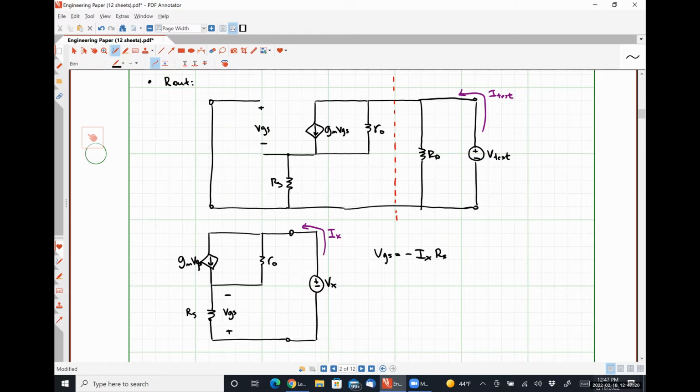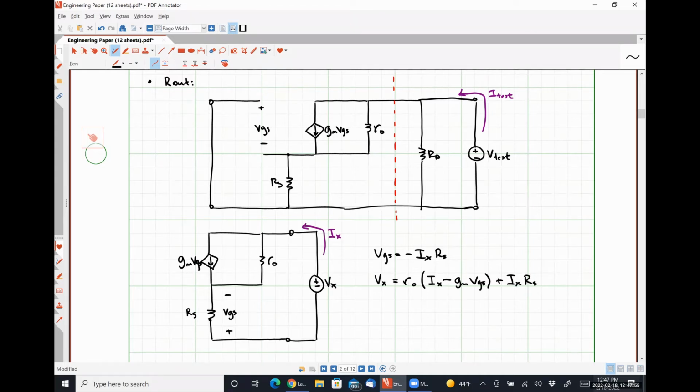If I apply Kirchhoff's voltage law to my right-hand loop, so this guy right here, I have Vx is equal to r naught times Ix minus gm vgs plus Ix Rs.